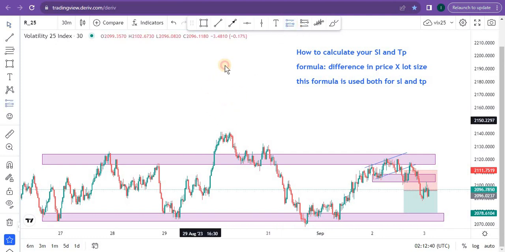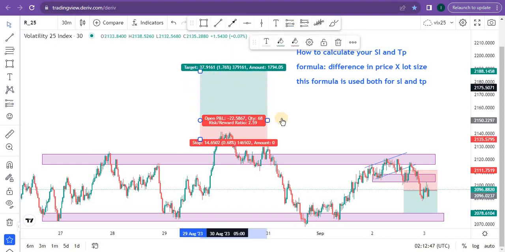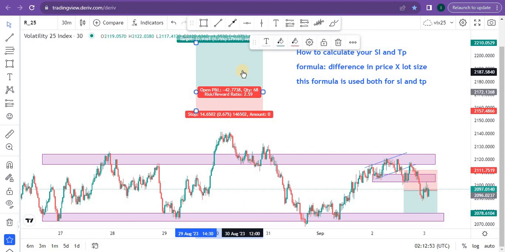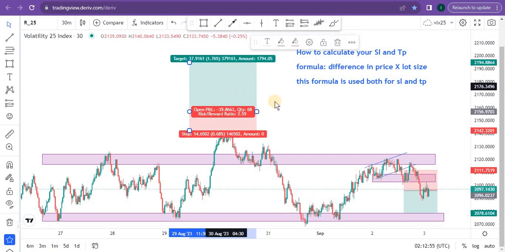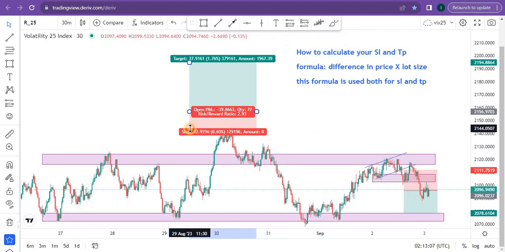If you're going to be using a long position also, then you are expected to use the same formula for this. Now it is always nice that your TP should always be greater than your SL. So when you are setting this, you need to understand that your SL level should not be greater than your target level.